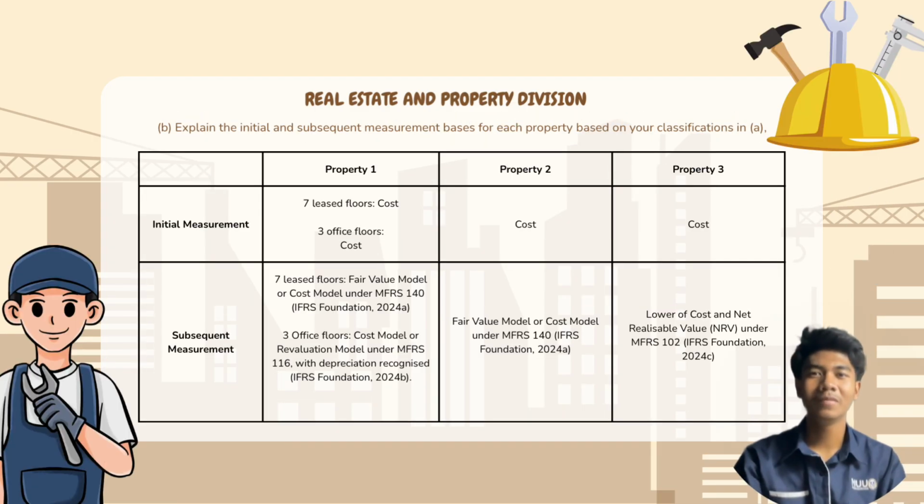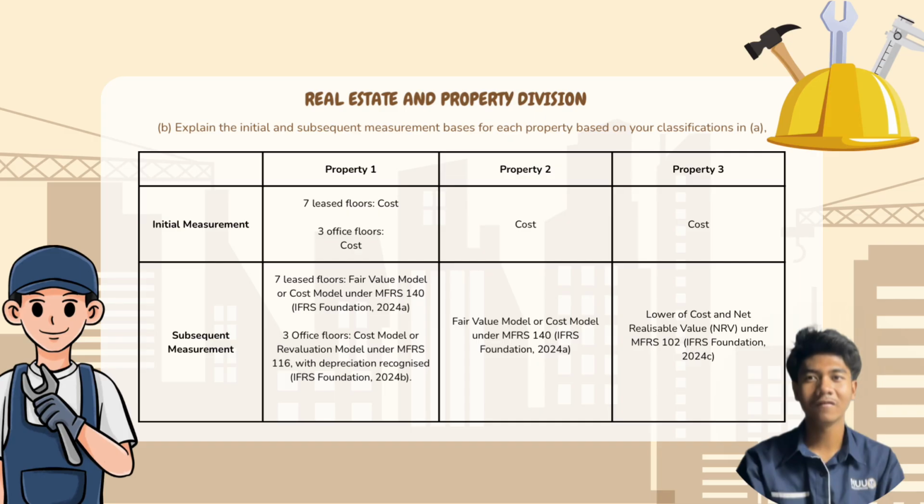Next, the measurement basis depends on the classification of each property. Both property 1's investment portion and property 2 are initially measured at cost and subsequently measured using either the fair value model or the cost model under MFRS 140. The owner-occupied portion of property 1 is measured at cost and later under the cost model or revaluation model in accordance with MFRS 116.